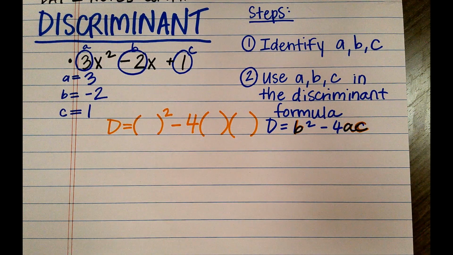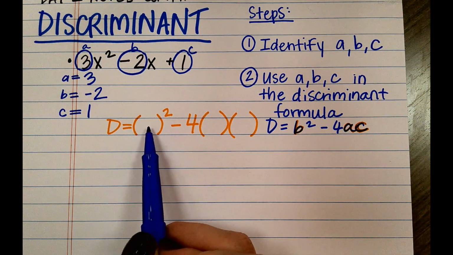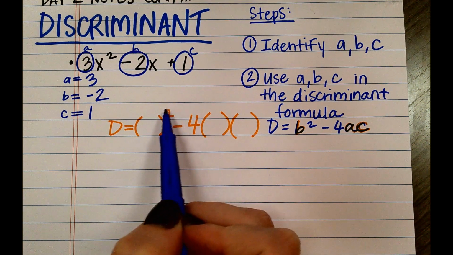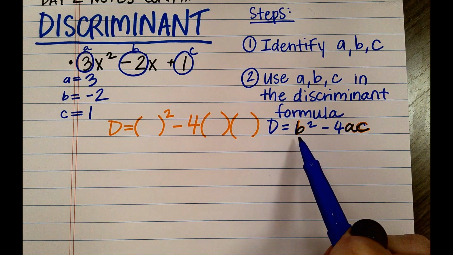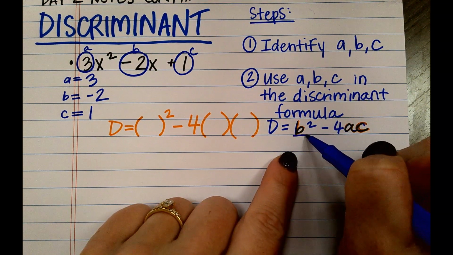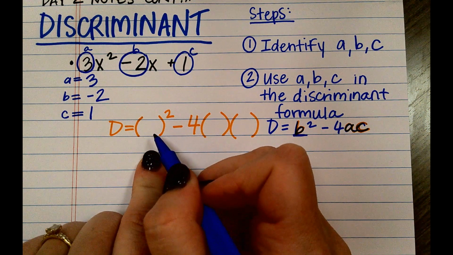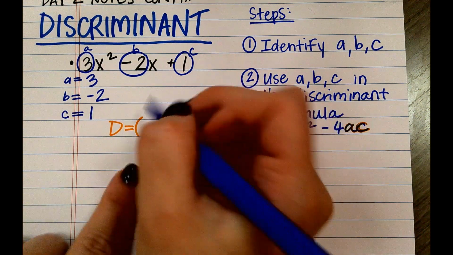So in the discriminant formula, what am I going to plug in first? Is it A squared? Ah, correct. We have in the formula, it says B squared. So I need to put B there. Negative 2. Okay. Good.